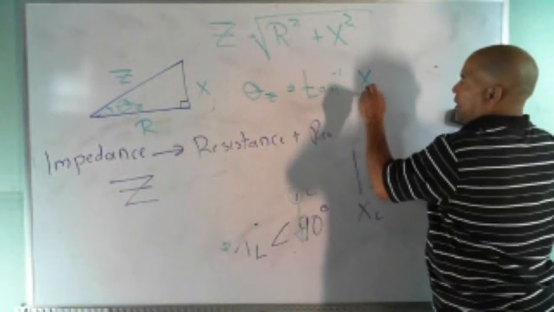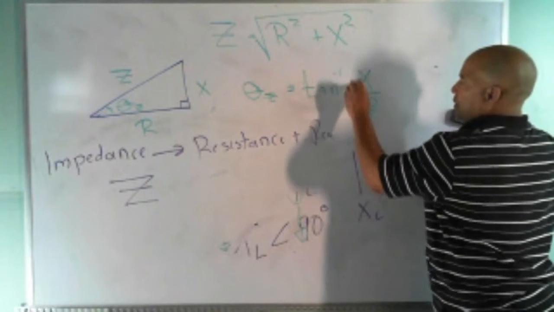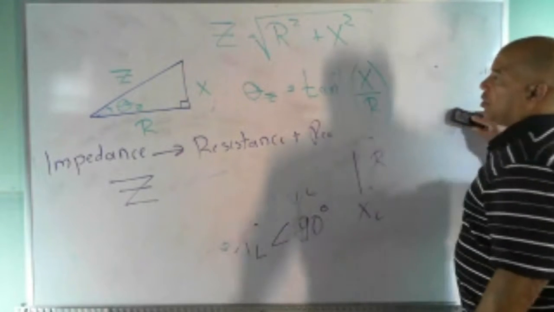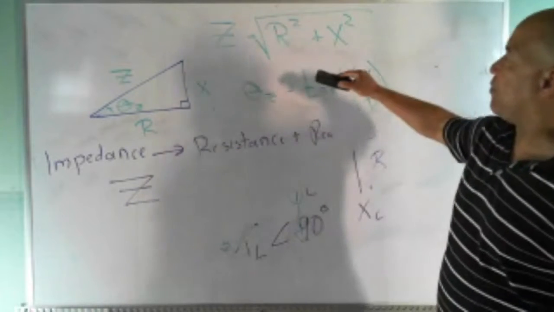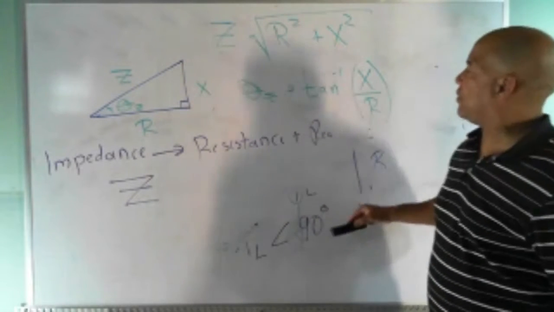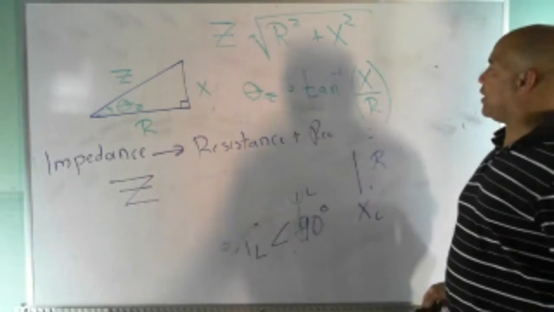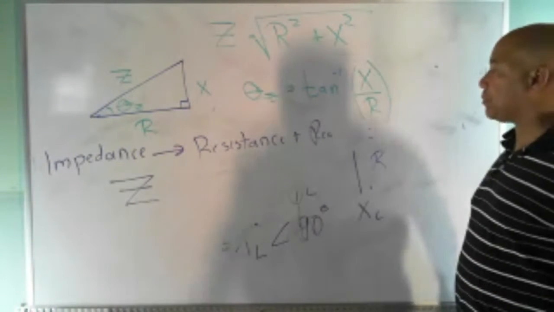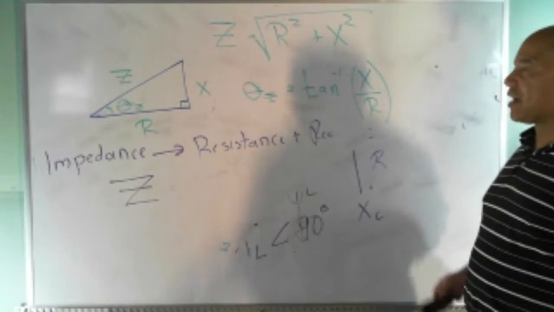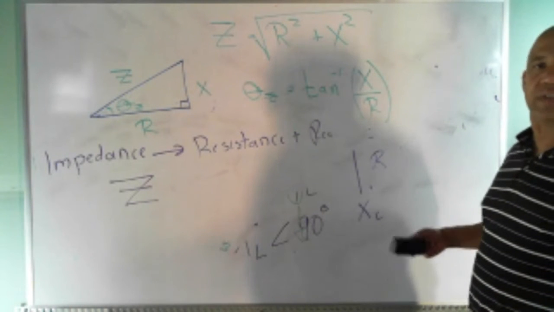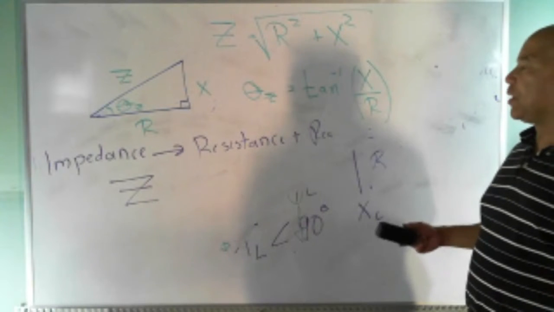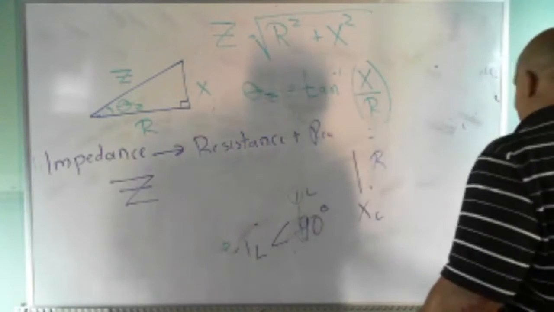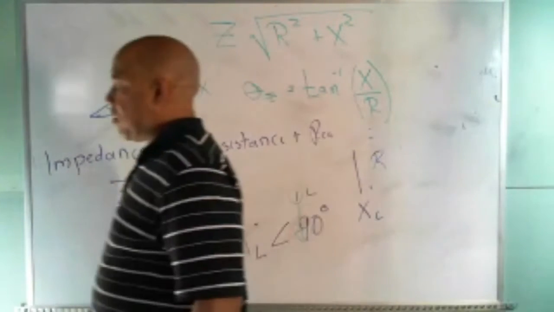So for my impedance diagram, I can get the magnitude of the impedance, I can get theta Z, and then I can go back and forth between rectangular and polar. We've got all these terms that are new and you're not familiar with a lot of them, but what really drives the point home is when you work problems with this.